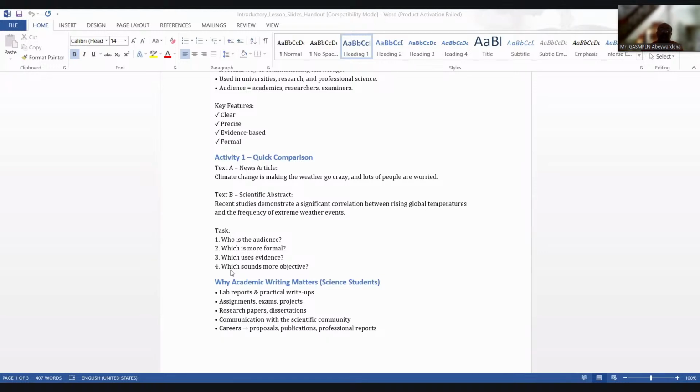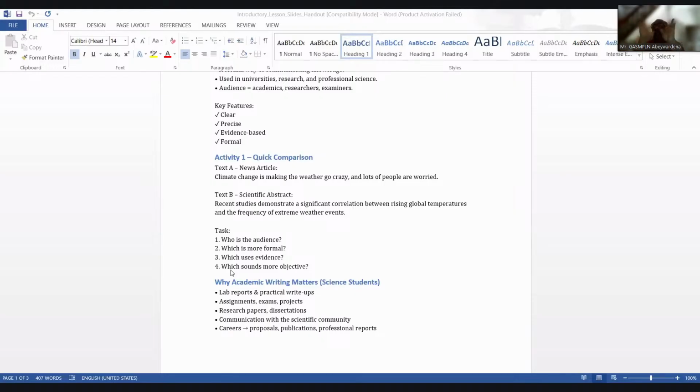Which sounds more objective? I will talk about subjective and objective. Subjective means the idea may vary from person to person. If we take a short story or a novel, it is subjective. Subjective means different readers can have different ideas.